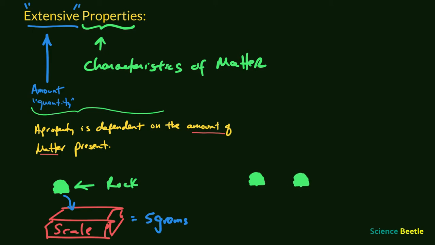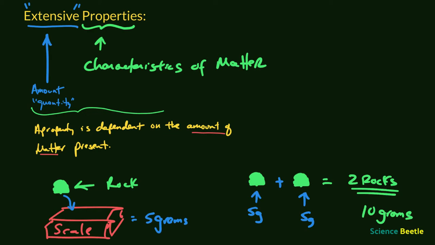So if I've got this at 5 grams, and this at 5 grams for the second one, if I add them, I'm going to have 2 rocks, but the total mass is going to be 10 grams.